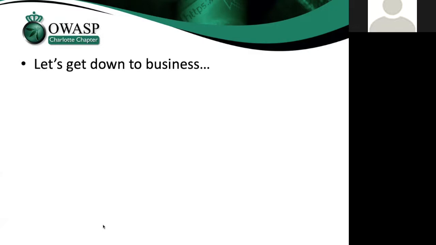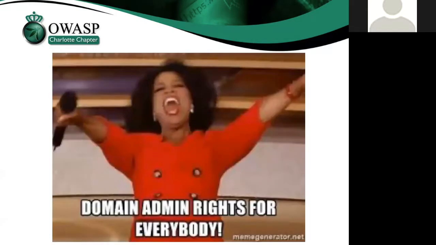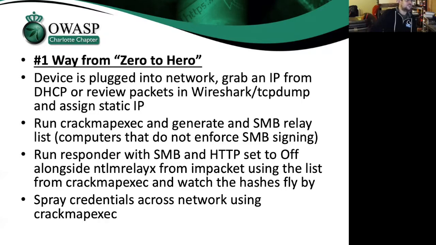All right, let's go right into the number 1 way that we get from 0 to hero. Domain admin for everybody. As I stated previously, the first thing is we'll ship a box to a client. That could be a Raspberry Pi, an Intel NUC device, or really anything that can get network connectivity.